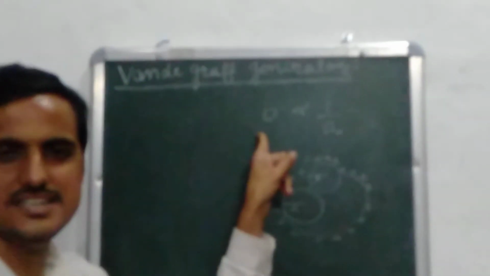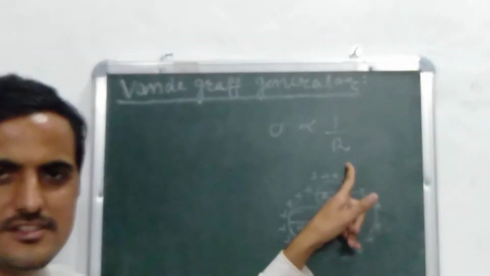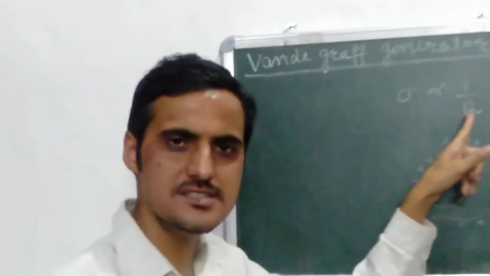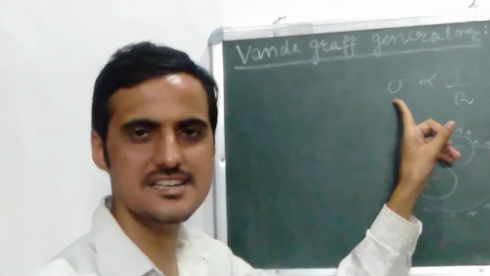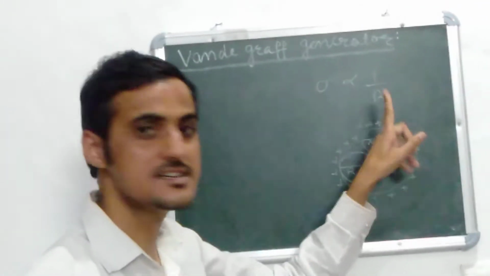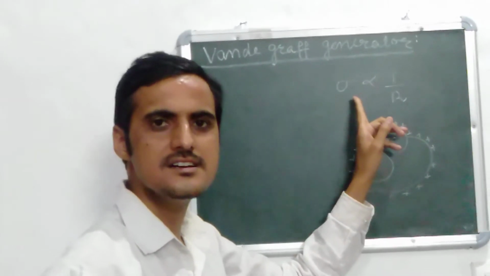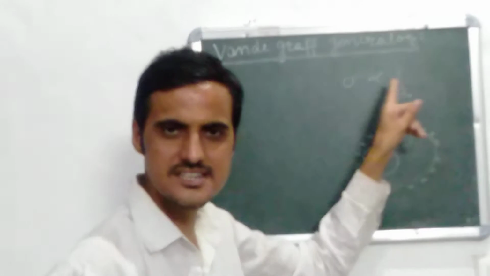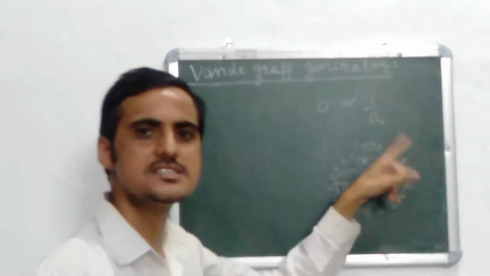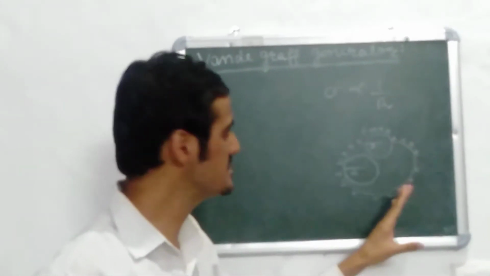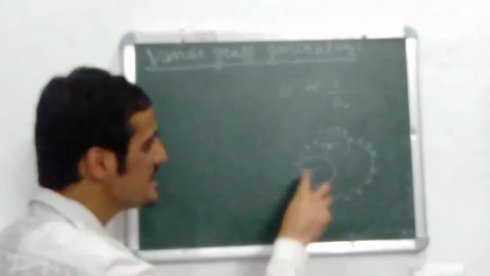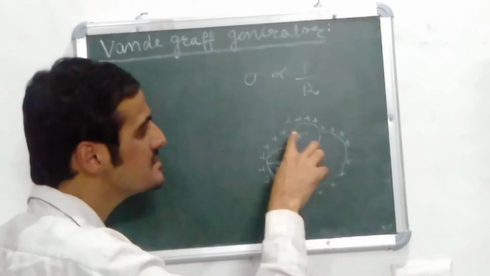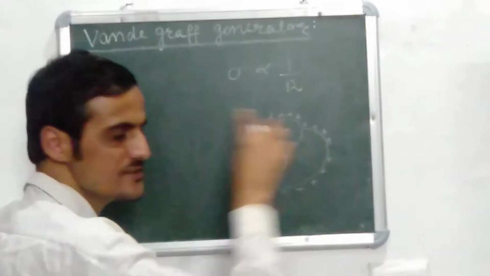From this relation, it is concluded that if the radius is small, the surface charge density is large. If the radius is large, the surface charge density is small. So at edges and corners, the surface charge density is large due to the small radius.